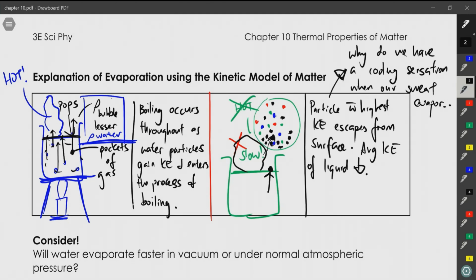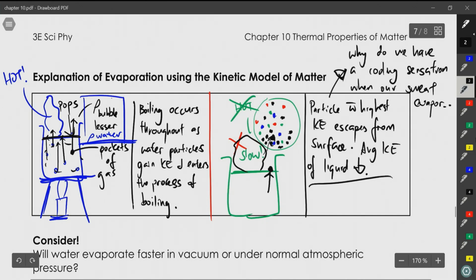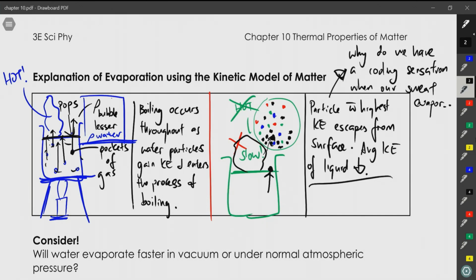This tells you the reason why, because the average KE of your entire skin surface will drop when the liquid evaporates, and when KE drops, temperature drops. So that's why you feel cooling. In fact, evaporation takes heat away from your body.